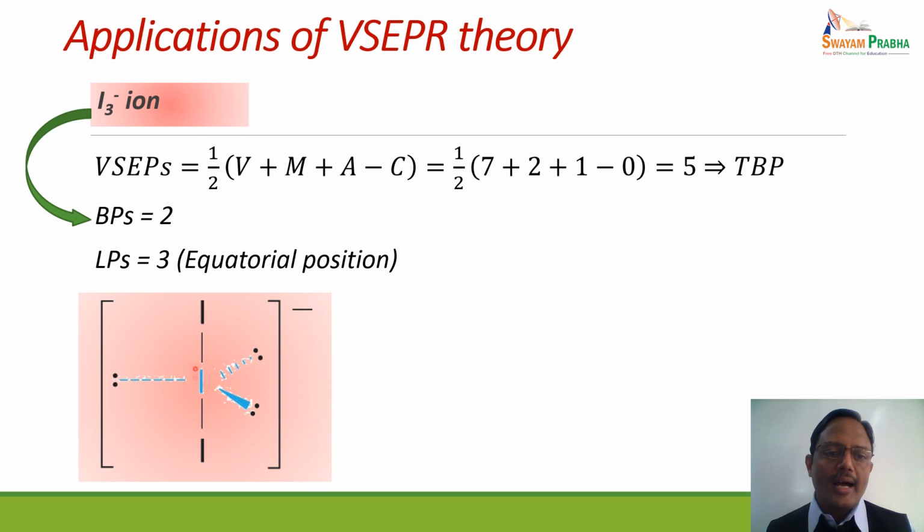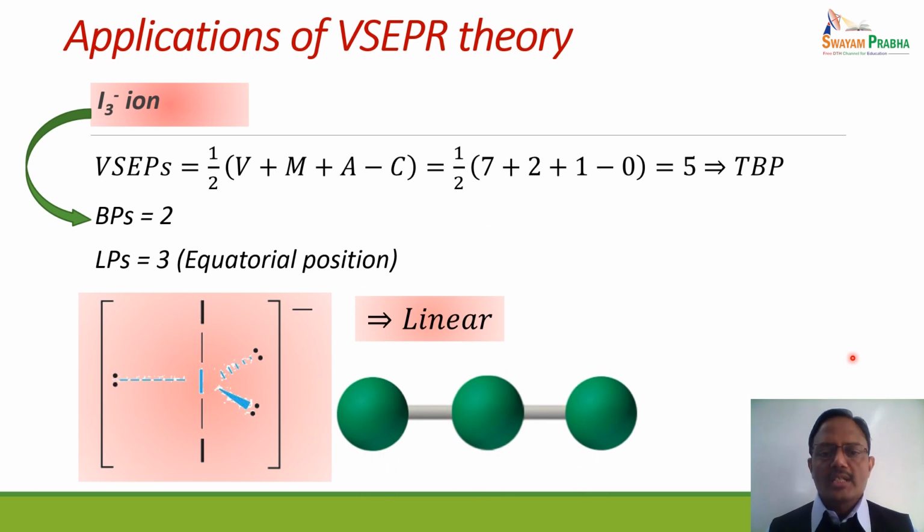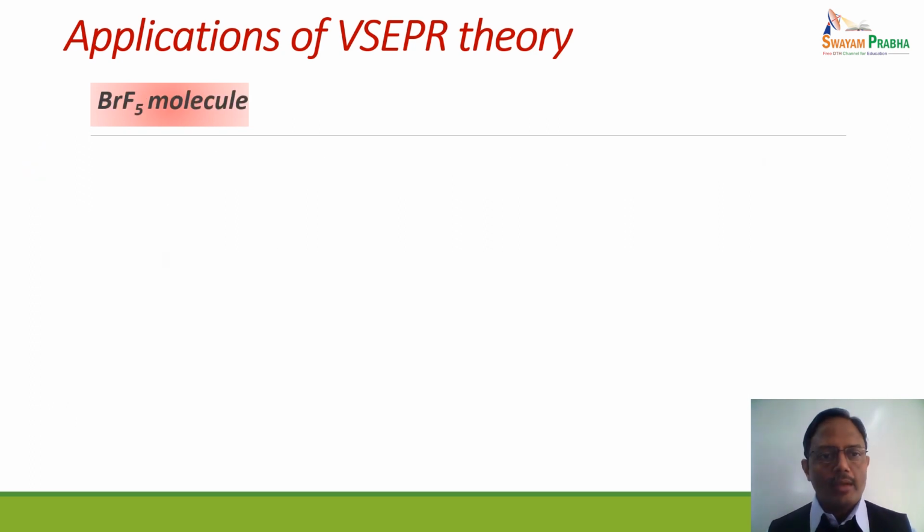Since all the three iodine atoms are in a straight line at exactly 180 degrees, the geometry is linear. So we can see that this theory can very well explain the geometries of various ions also, cations as well as anions. This is a linear structure, with one iodine atom at the center and two iodine atoms in a linear fashion bonded with the central one.